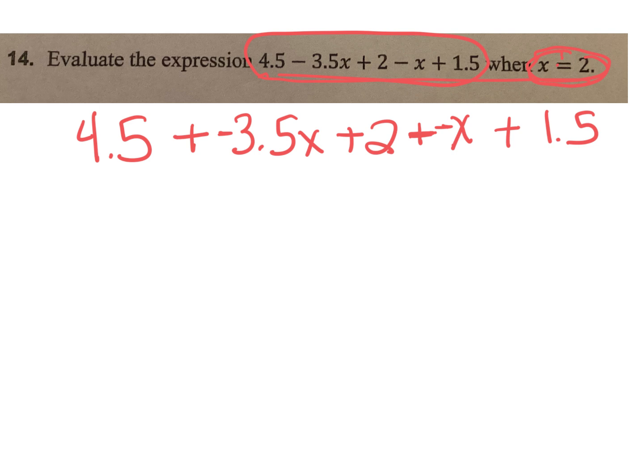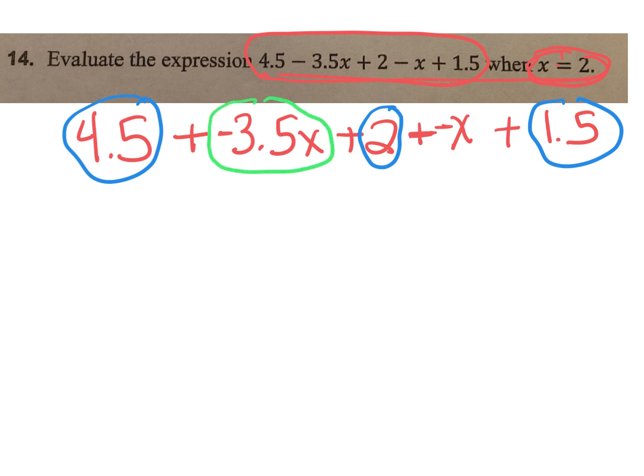Now I'm going to circle my terms, and I'll do it in a color like blue. I'll do all my constants. 4.5, that's a constant. 2, that's a constant. And 1.5, that's a constant. And then in green, I'll do my other like terms. This has the variable x, and this has the variable x. So now let's add these together. Let's do these three first.